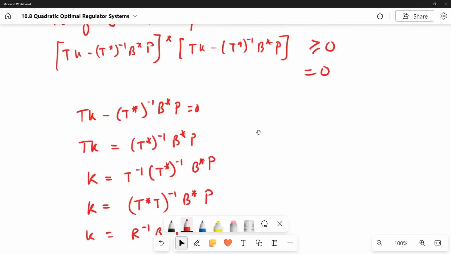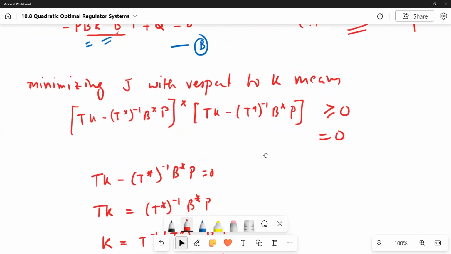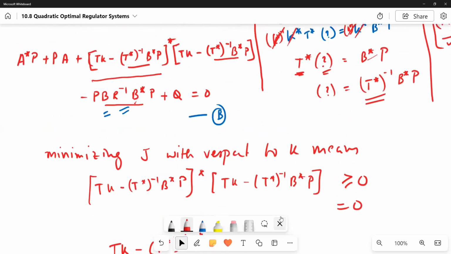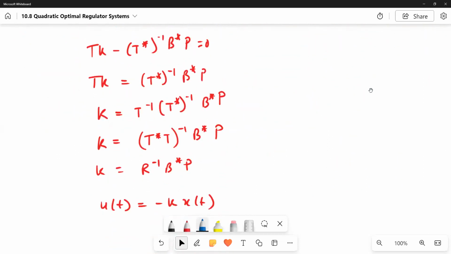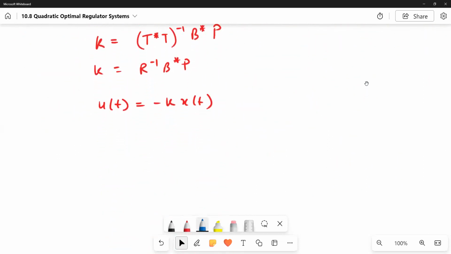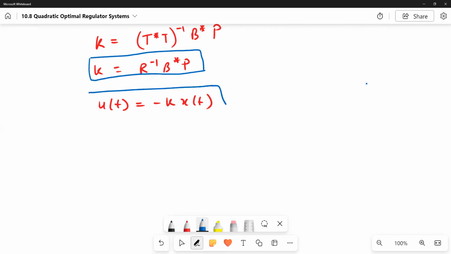In equation B, for the optimization, this multiplication term has to be 0, so this term vanishes because of the minimization. The rest of the parameters remain as they are. So we have achieved how to determine K, and based on K we get our desired control input.